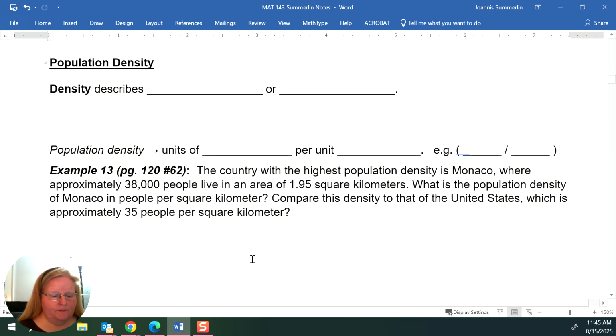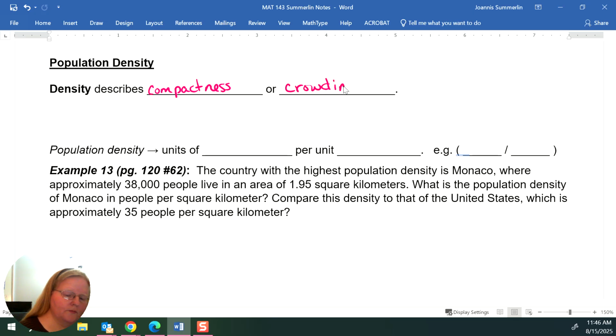Population density. Density describes compactness, or crowding. Population density is units of people per unit of area.